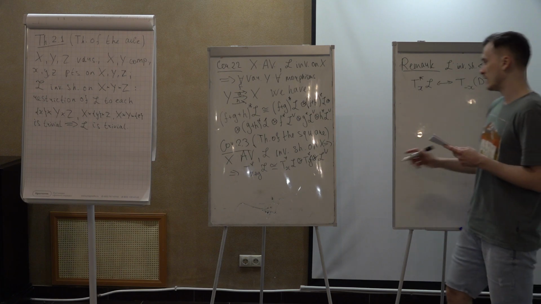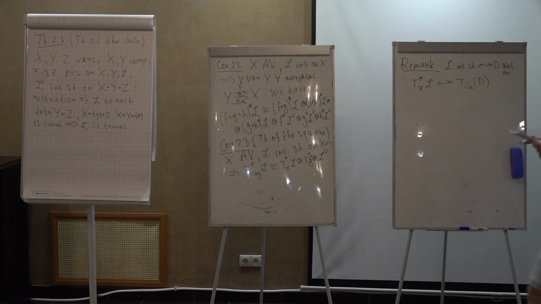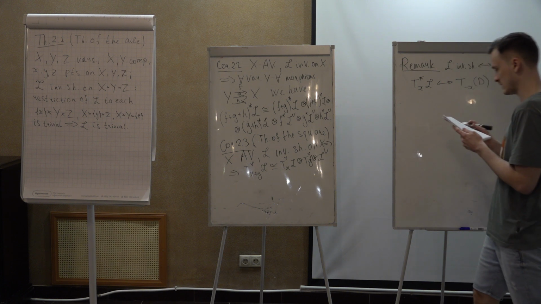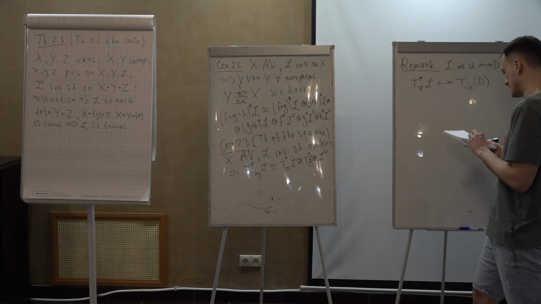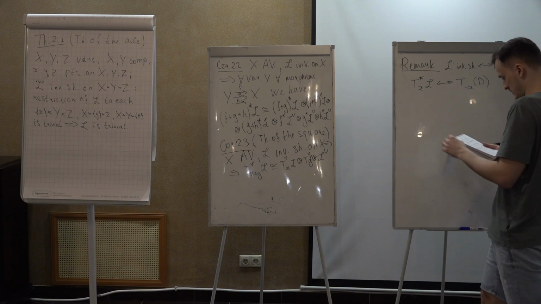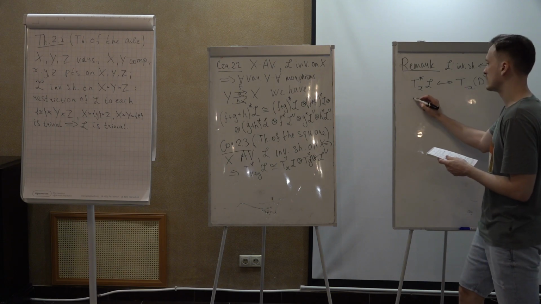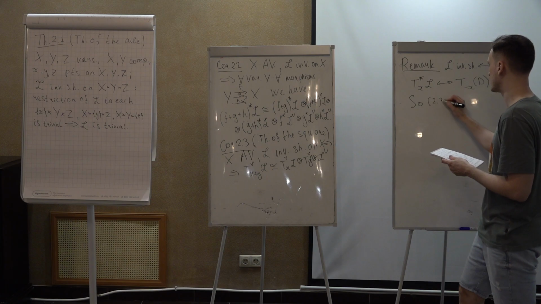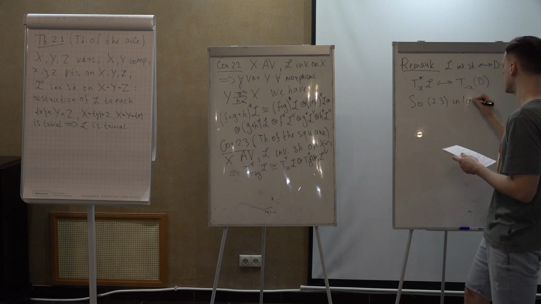Okay, and so then what's written here? What's written here is something like this. So 2.3 in terms of divisors.